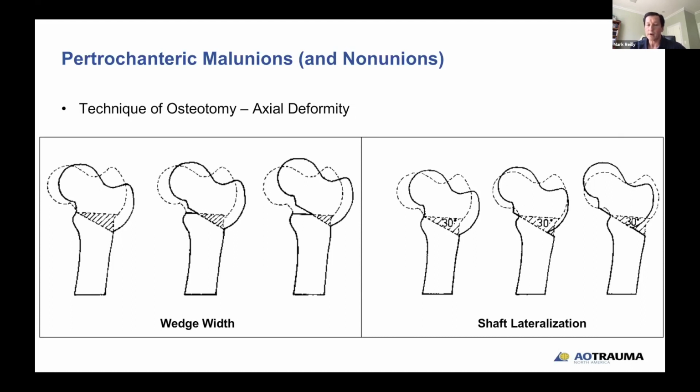And we also have the possibility, if our osteotomy is oblique, to lengthen the leg by lateralizing the shaft along the obliquity. And of course, the more oblique that osteotomy is to the shaft, the more length we'll get for the same amount of shaft lateralization. But we don't want to overdo the shaft lateralization, or we'll throw the patient's mechanical axis through the medial knee.